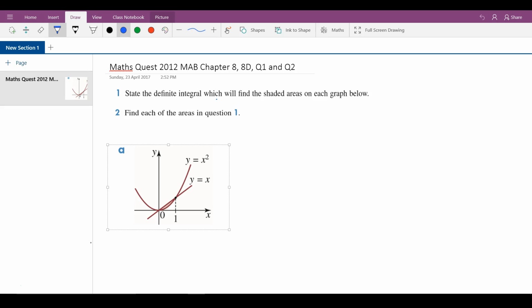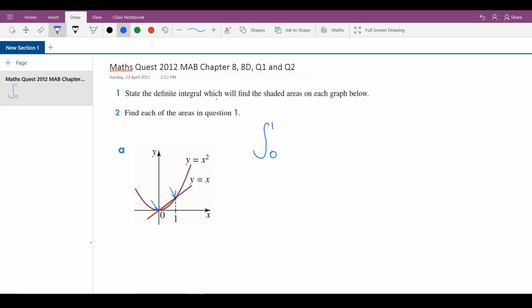That's the first one. To find the shaded area, we need to do the integration. Since this is a definite integral, we need to have a domain on the x. The domain is obviously from 0, this point here, to this point here, so it's from 0 to 1.